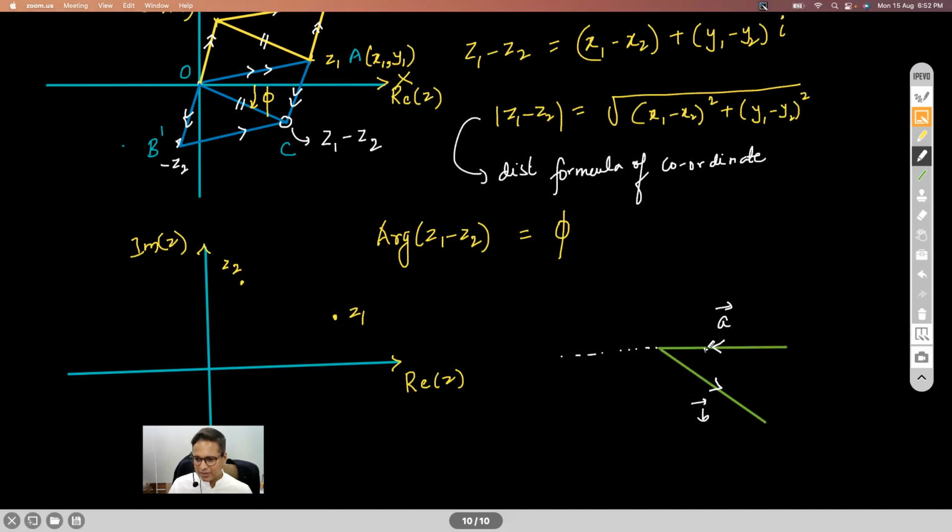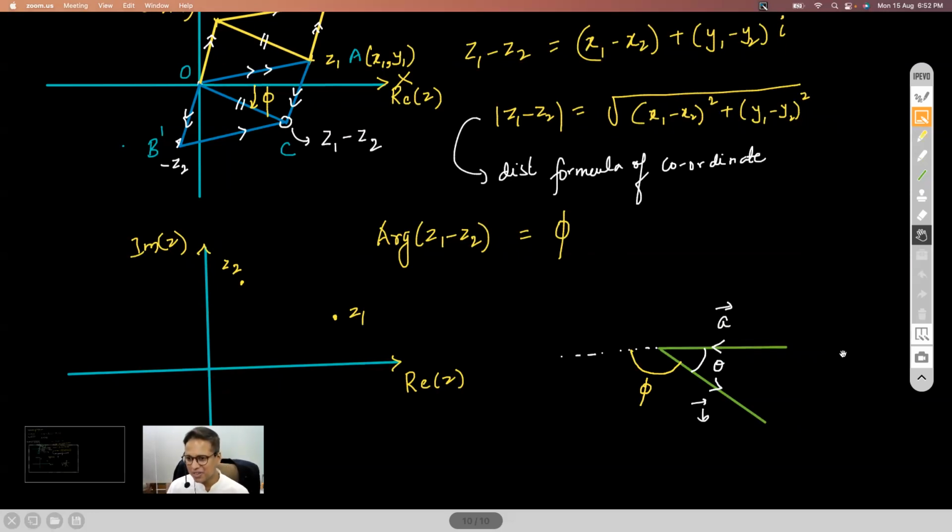Is it this angle? Let's call it as theta. Or is it this angle? Let's call it as phi. Which angle will be the angle between the two vectors? Anybody for theta? Anybody for phi? Let me know on the chat box. Excellent. Most of you are right.